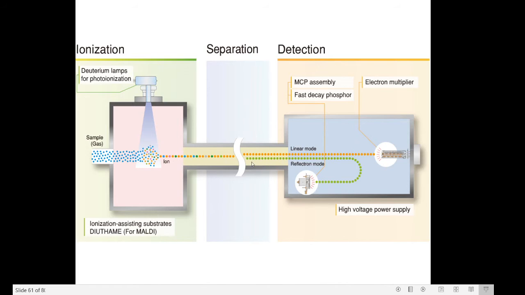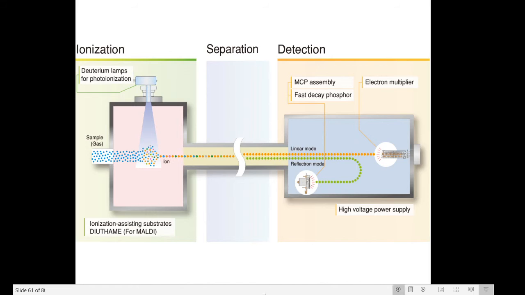The separated molecules are linearly passed through the detector, the electron multiplier. That multiplier helps to form the reflected mode of the molecules, that is the reflectron mode.